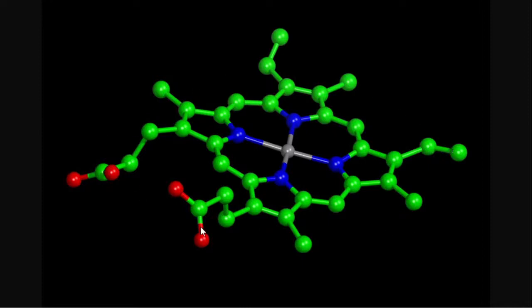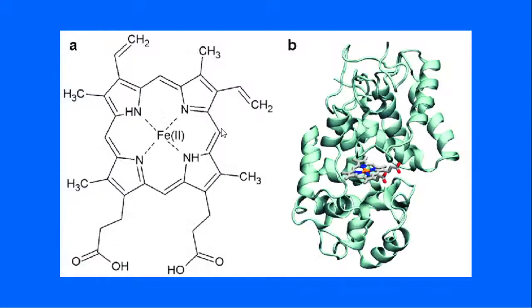Their positions depend on the numeration of the pyrrole rings. And this is the plain formula. Once more, here we have iron, and vinyl, methyl, methyl, propionyl, propionyl, methyl, vinyl, methyl as the radicals, and 4 pyrrole rings surrounding the atom of iron.